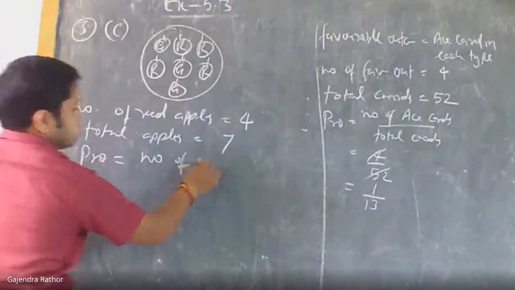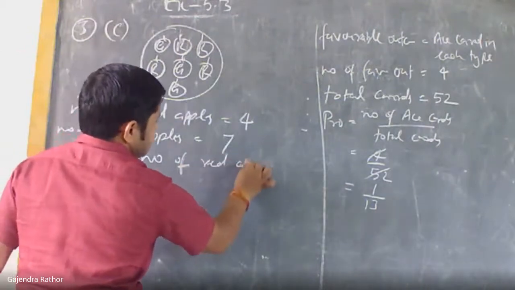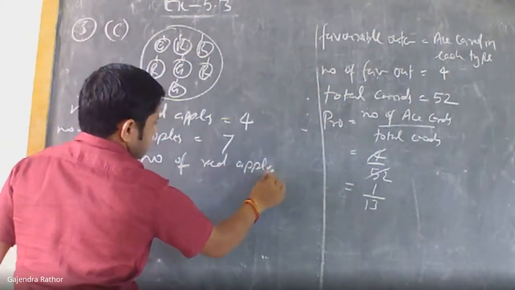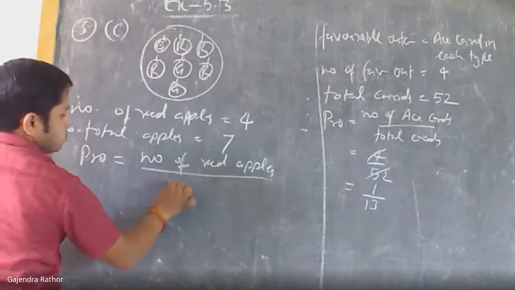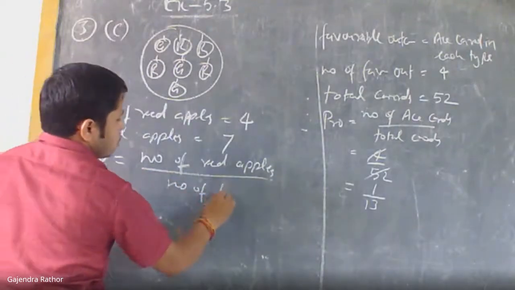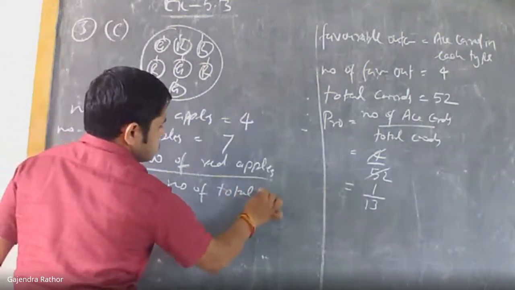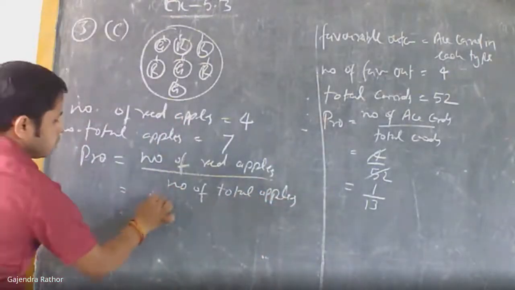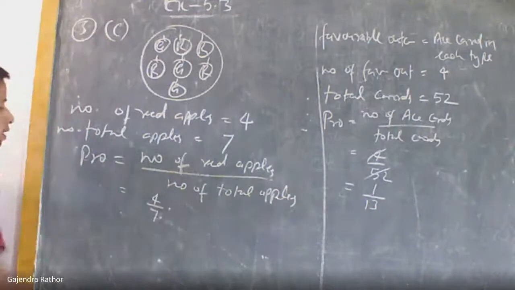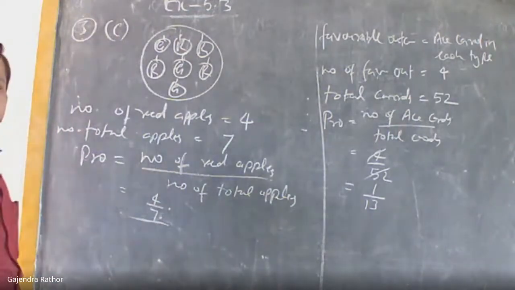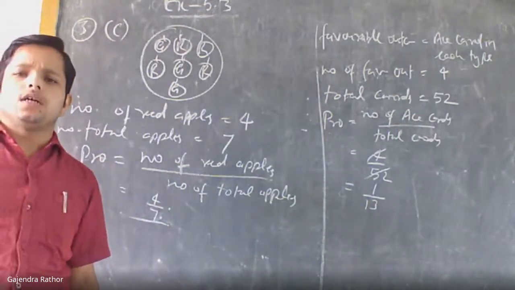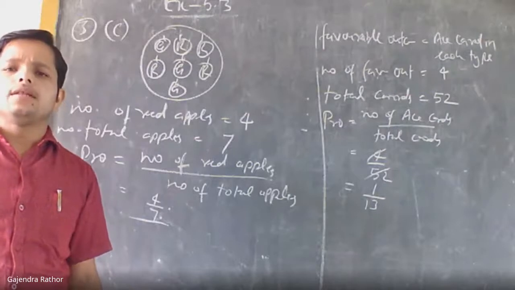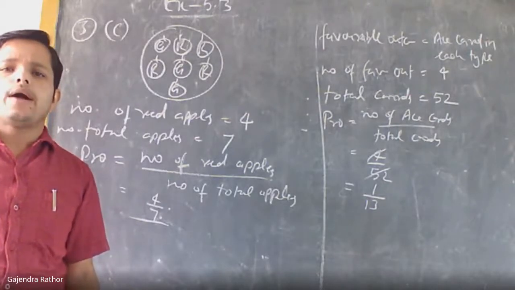Number of red apples divided by number of total apples. So this is 4 by 7. There is no need of any calculation, we just have to decide the value of the required terms.